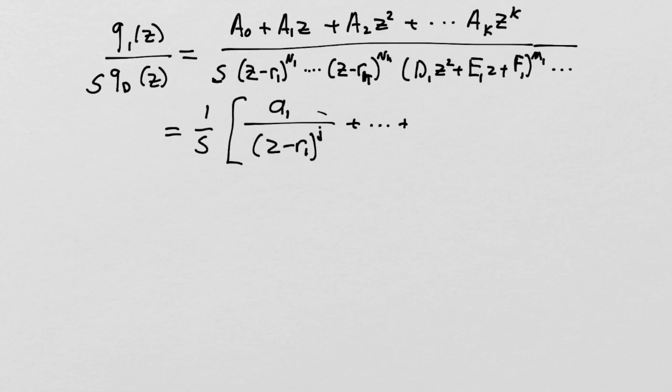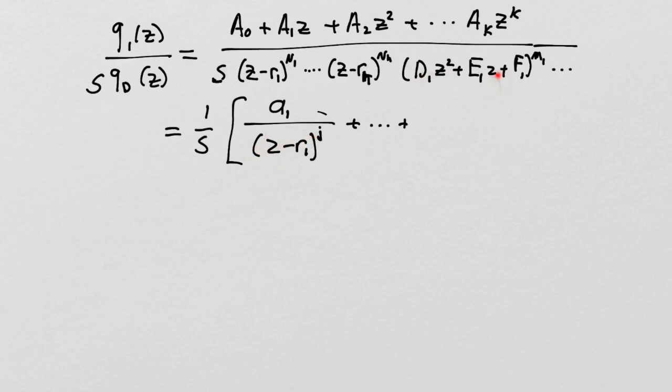So for example, if n1 is 2, then the partial fraction contribution of this root is going to have two terms, one that's linear in z minus r1 and then one that's the square of z minus r1.